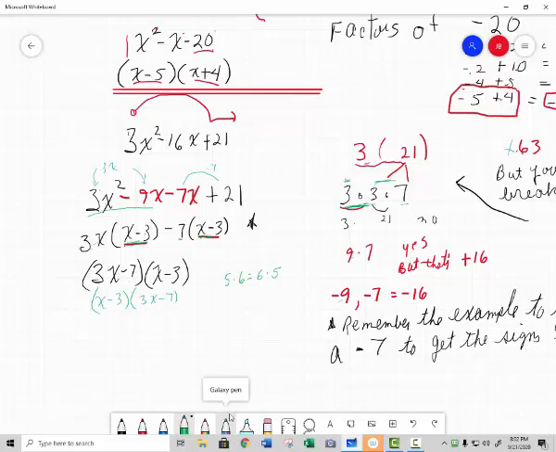Okay? Once again, had I taken the 3x squared minus 9x minus 7x plus 21, if I'd grouped those last two and taken a positive 7, I would have negative x and positive 3.